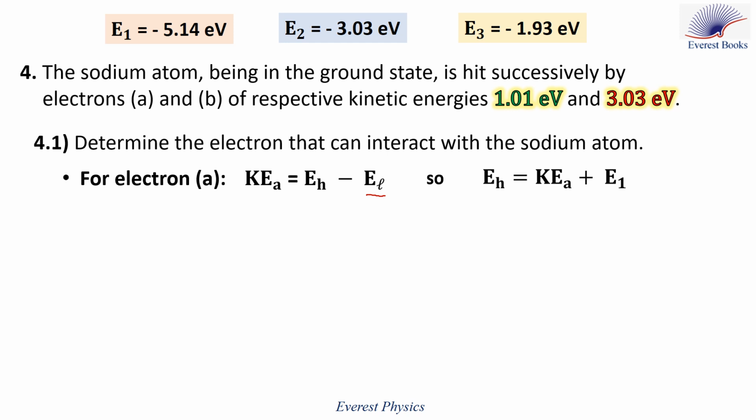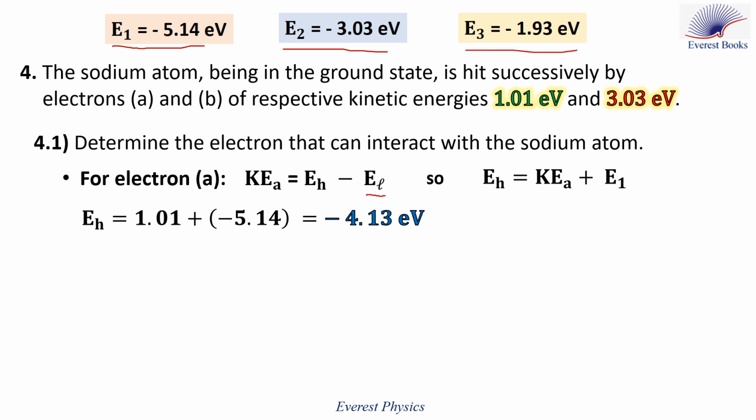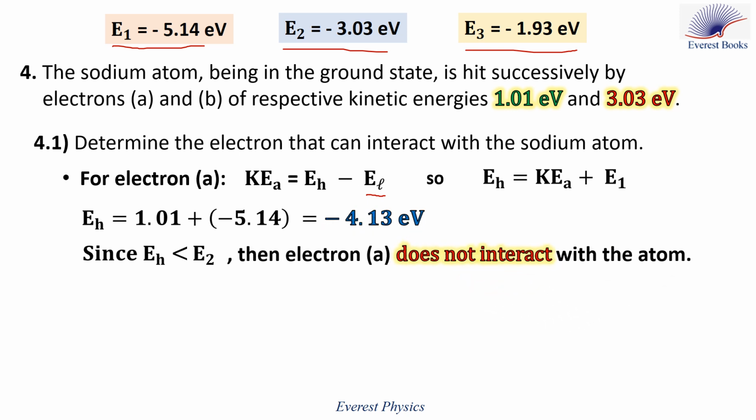Replace EH, KEA, and E1 by their values. You get minus 4.13 electron volts. Now examine the values of E1, E2, and E3. Since EH is less than E2, the electron does not interact with the atom.